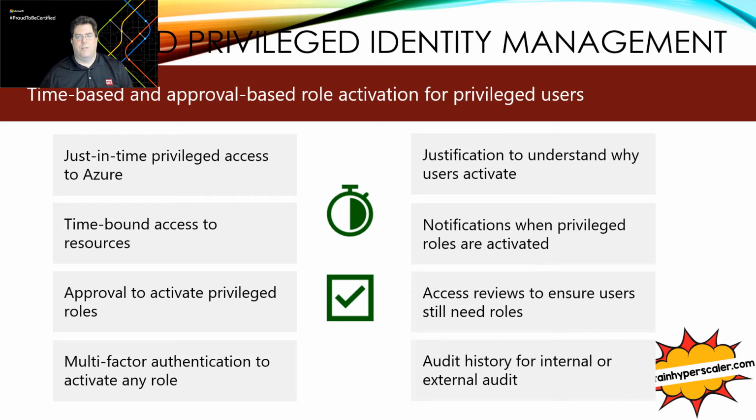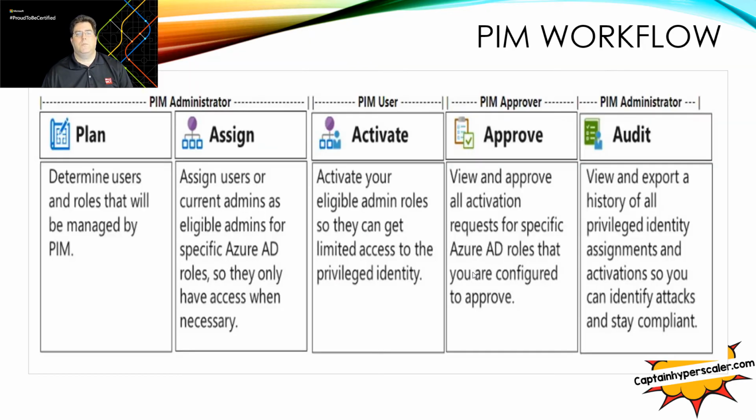And there's a justification and approval process that takes place, and notifications that take place when somebody activates those roles, and it's all auditable within our system. So that helps to avoid any potential issues within our environment. And if there are issues that take place or compromises in a user's identity, we can go back and investigate. And this is ultimately the workflow that takes place for our Privileged Identity Management.